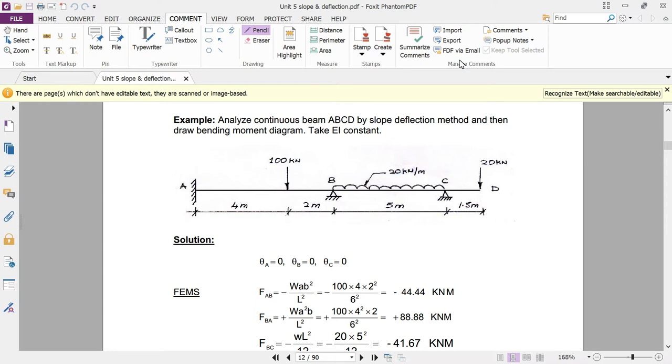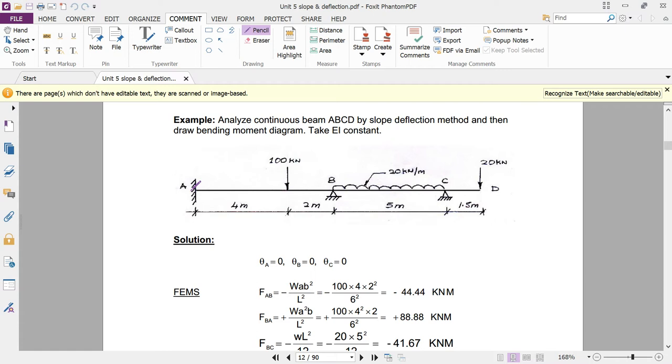First of all, in the solution itself, we have to identify what we have to calculate in this particular structure. We know that we require theta, that is the slope at each support. As A is a fixed support, the theta here will be 0.